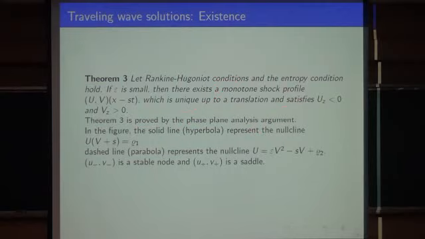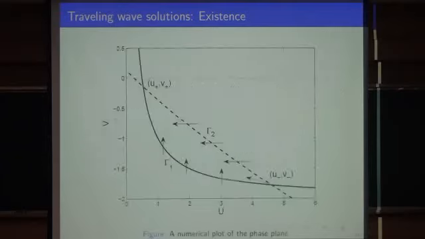In this existence proof, we use phase plane analysis. And this proof has nothing to do with the closeness of the two states. So it is true for any two states that satisfy the Rankine-Hugoniot condition and the entropy condition.